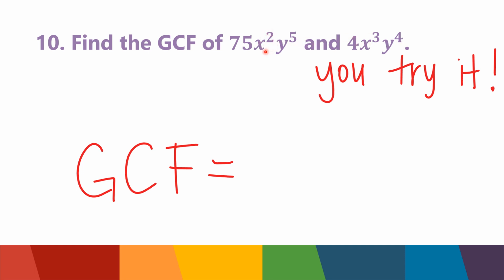This one's got 3 x's, this one's got 2 x's, this one's got 5 y's, this one's got 4 y's. They have 2 x's and 4 y's in common, so x squared and y to the 4th.